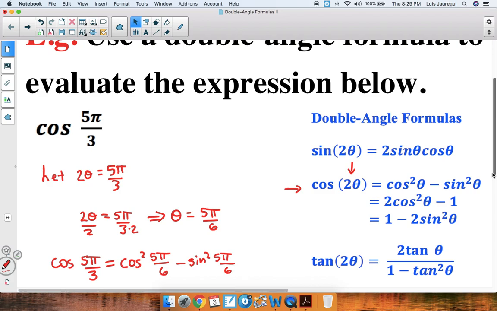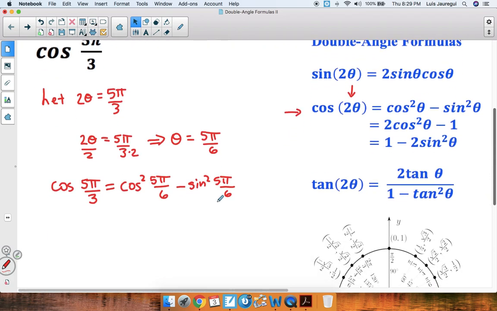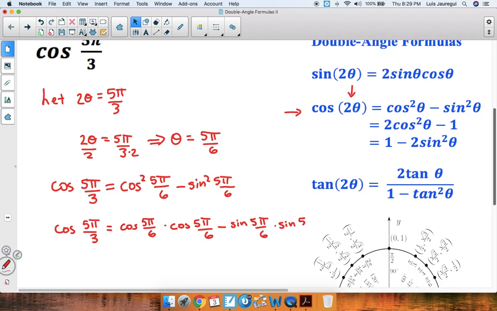Now keep in mind that cosine square means cosine times cosine. So we can rewrite this as follows. Cosine of 5 pi over 3 is equal to cosine of 5 pi over 6 times cosine of 5 pi over 6 minus sine of 5 pi over 6 times sine of 5 pi over 6.